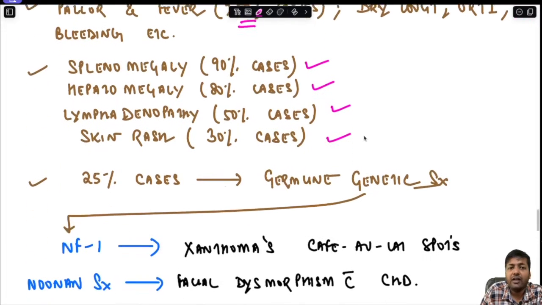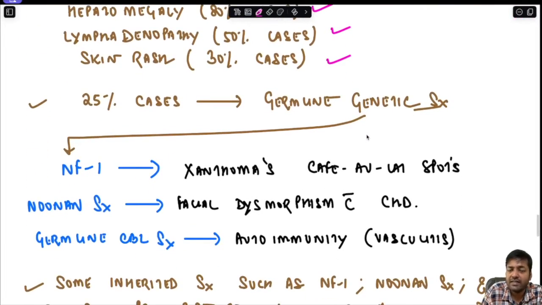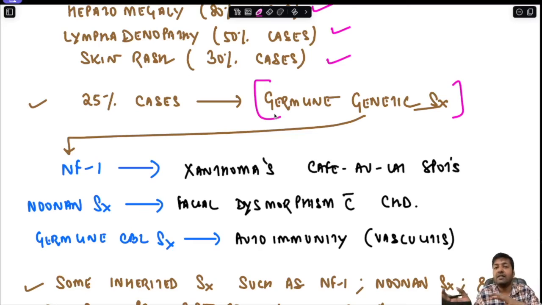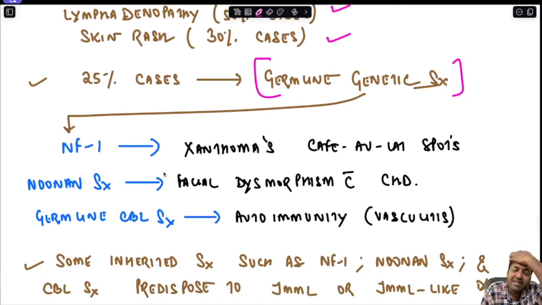And 25% of the cases, as we have already seen, present in association with a germline genetic syndrome. So JMML or JMML-like features can be present as a part of a germline genetic syndrome or familial syndrome. When they present as part of a familial syndrome, the clinical features of that particular syndrome will also be there.